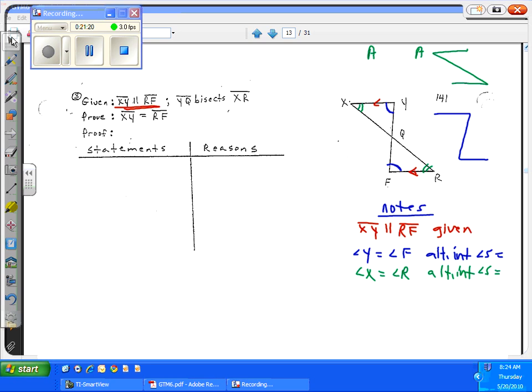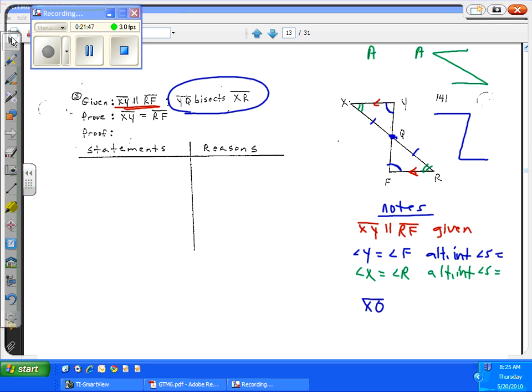And then it says YQ bisects XR. XR is the one that got bisected. The bisector of a segment divides a segment into two equal segments. So because of that, we can say that XQ is equal to RQ. I'm going to leave a little space.